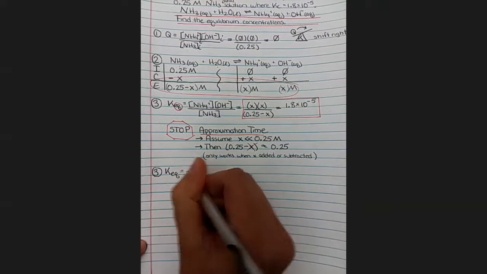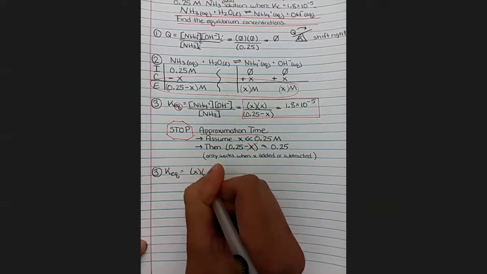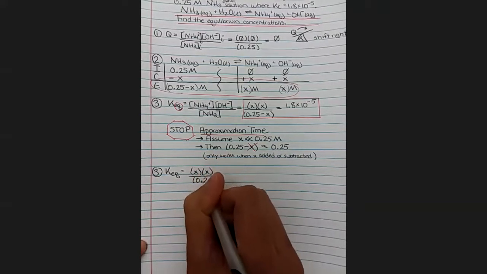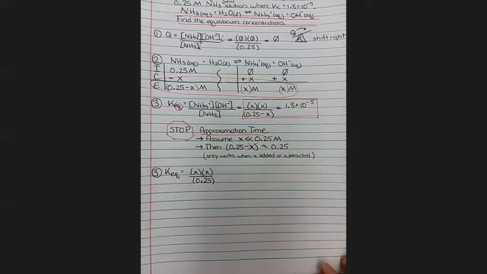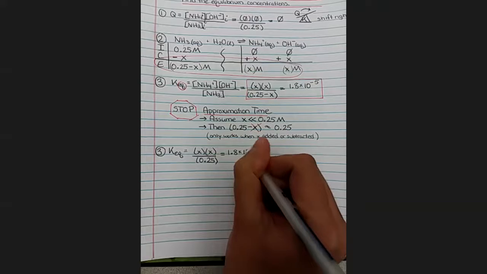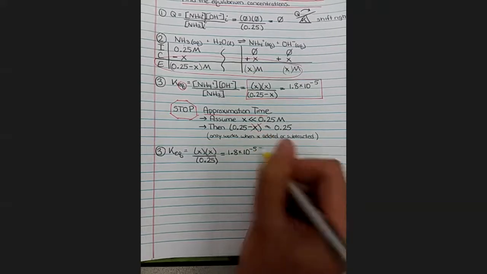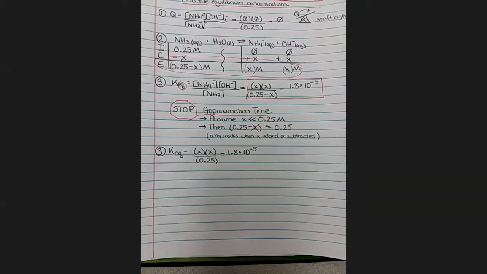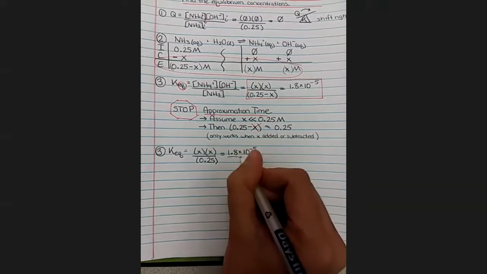So let's do step 3 again. KEQ equals X times X divided by 0.25. And we're going to ignore that other X on the bottom. And that is equal to 1.8 times 10 to the negative 5. So now we're going to do the same thing that we did last time.